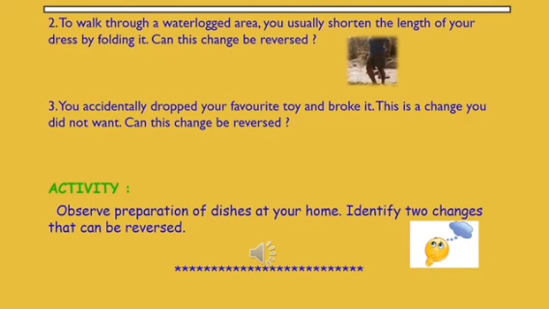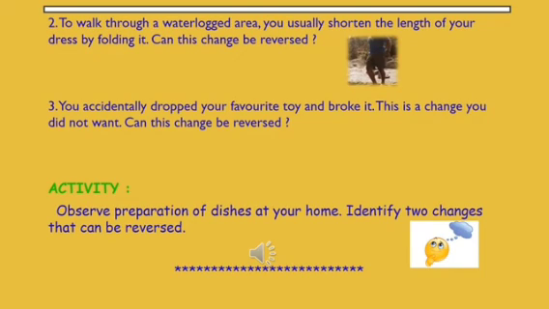Second question, to walk through a waterlogged area. What do you mean by waterlogged area? The place which is filled with water, stagnant water. When it rains heavily, you can find in some places there is a lot of water collected. So that is called as waterlogged. You usually shorten the length of your dress by folding it.